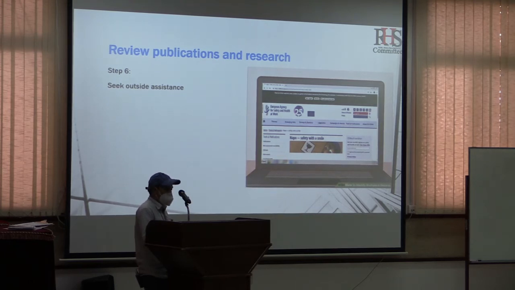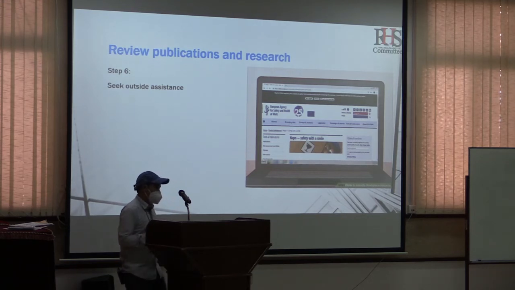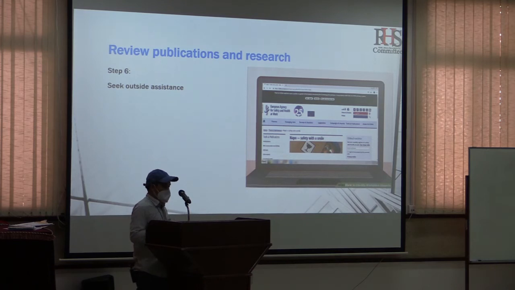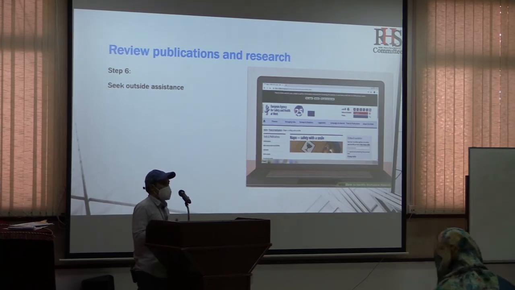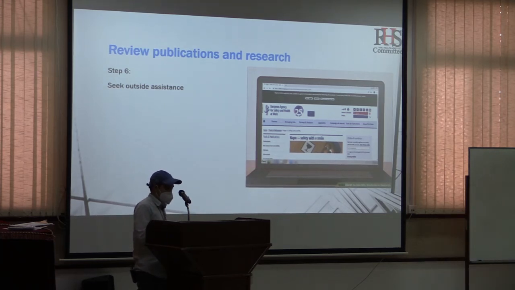What we will be doing in the next two images, I will be handing it out to you so that at least you have some reference, is to try to do the first step, which is to identify the hazard. Because I said earlier, we don't have the time, so I will just give you an image, a reference image, and I will give you a hard copy for your reference also.